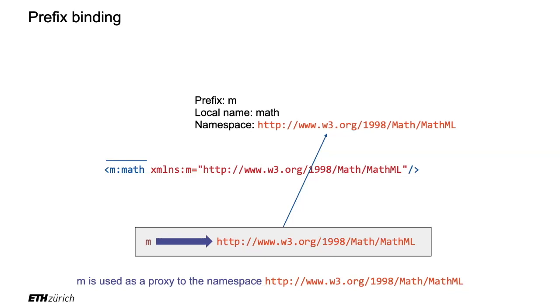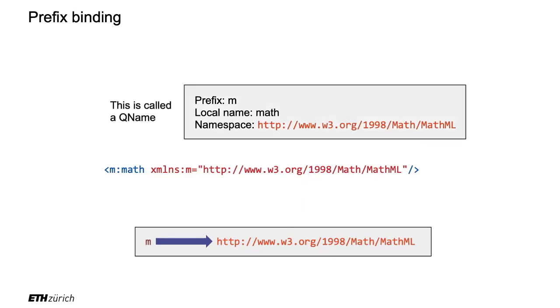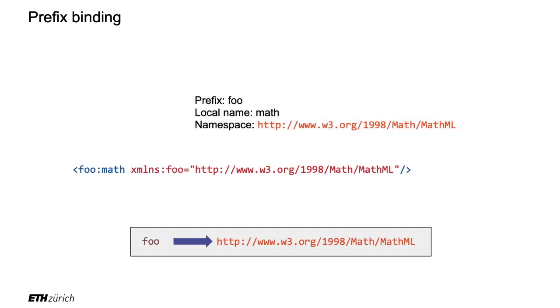So m:math here on the left has the prefix M, the local name math, and indirectly via the binding, the namespace MathML. This together has a name, it's called a QName. QName is for qualified name because it's qualified with a namespace. So math is qualified with the MathML namespace, right?